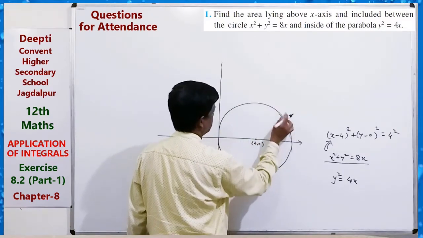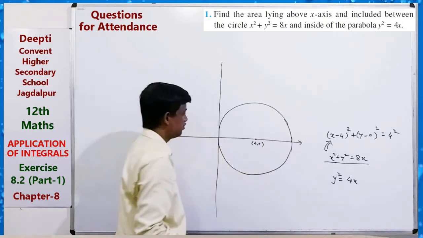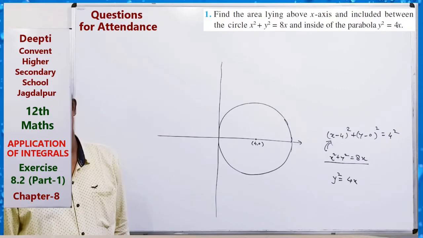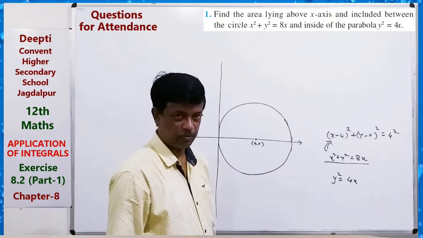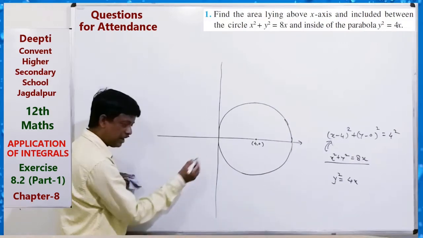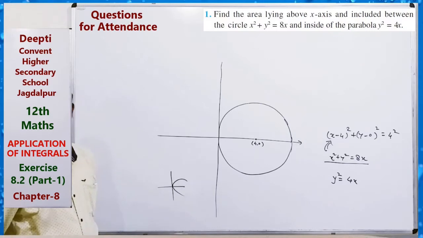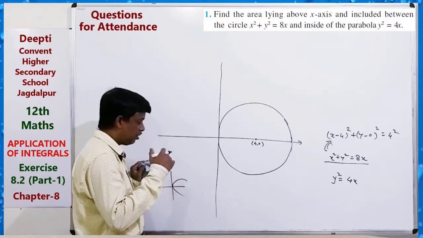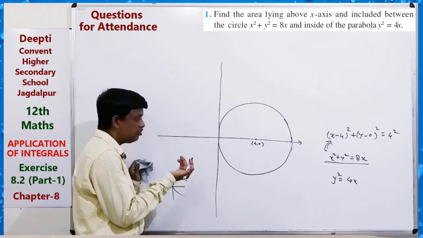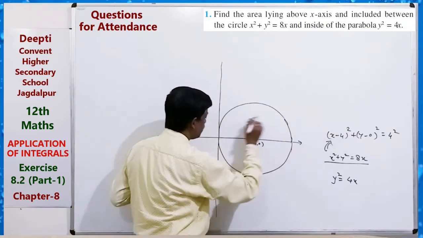Let's draw the diagram very carefully. So this looks better. Okay, this is the circle, and y square equal to 4x we have to draw. We know this is a right-handed parabola, just like this. Now, how can you draw this parabola, from the inner part of the circle or from the outer part?